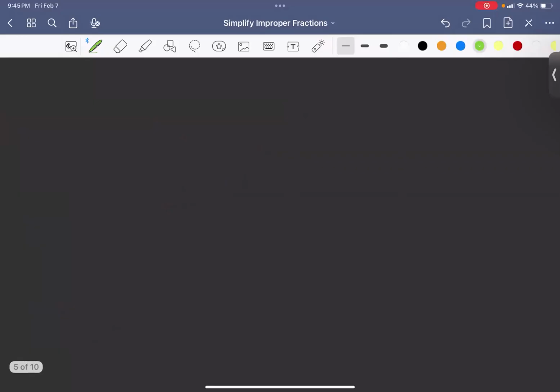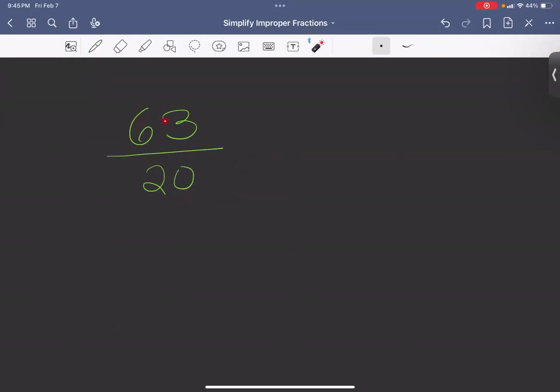Let's say I had 63 over 20. So, how many 20s can go into 63?